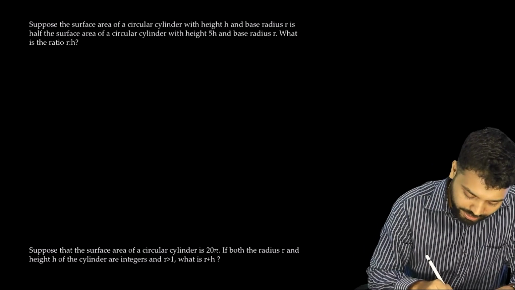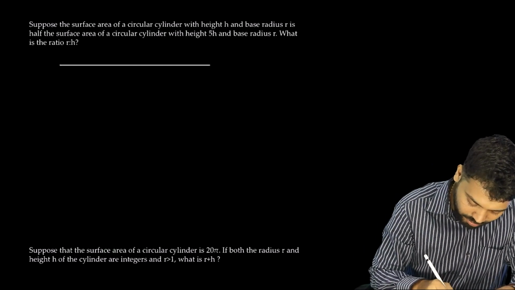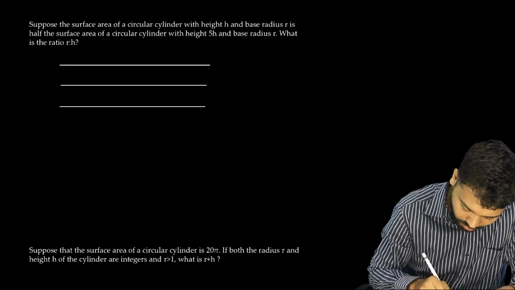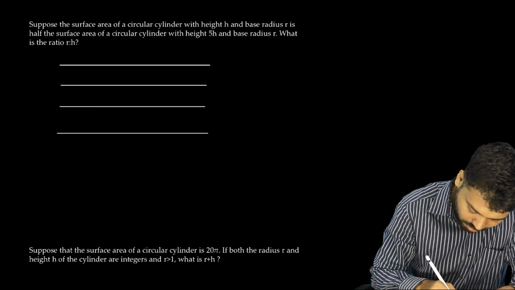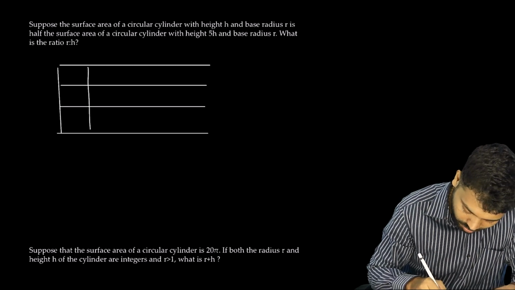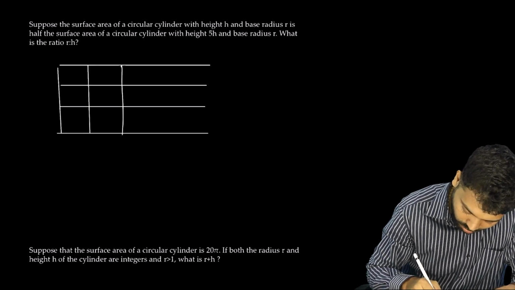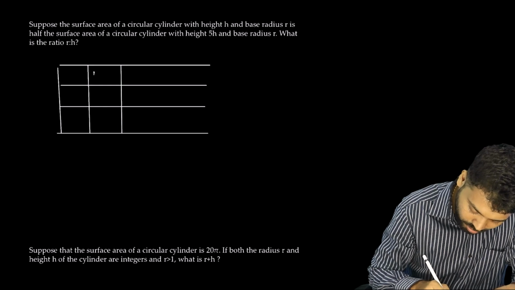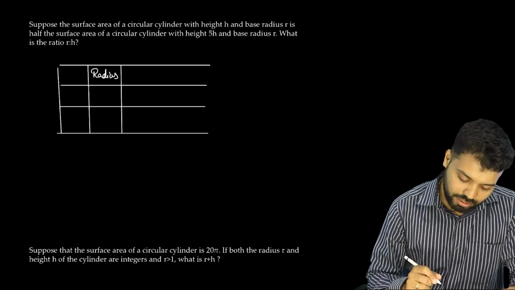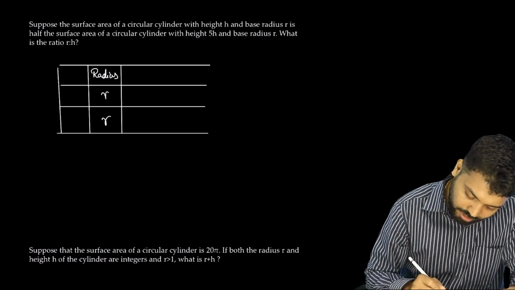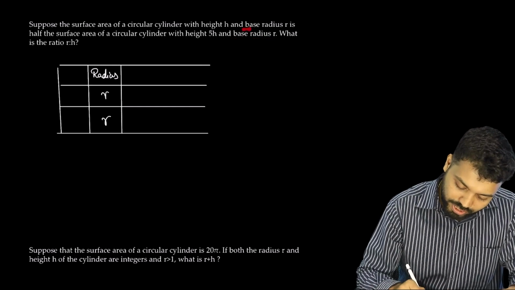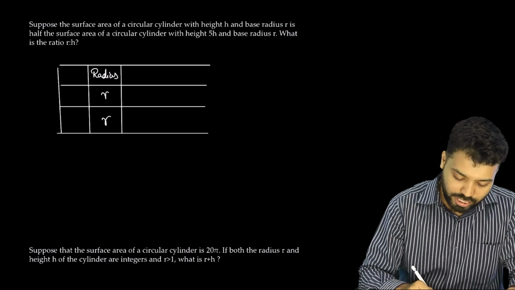So we'll make a table here. Radius in both the cases is r and r, correct? That is what is given. Base radius is r, and here also base radius is r. What about the height?